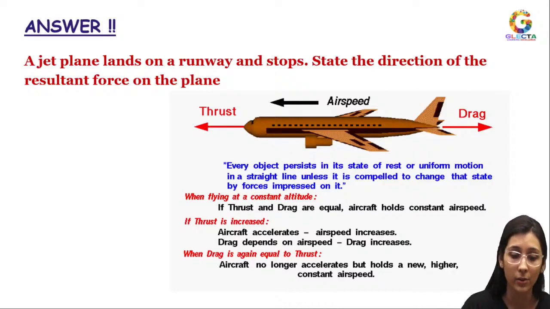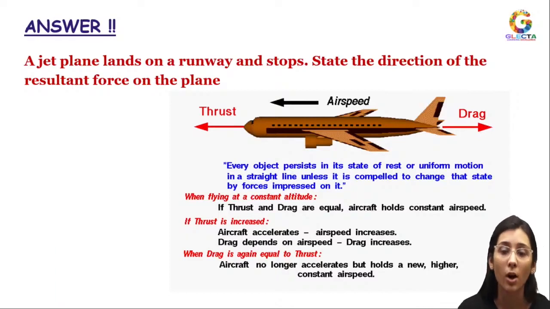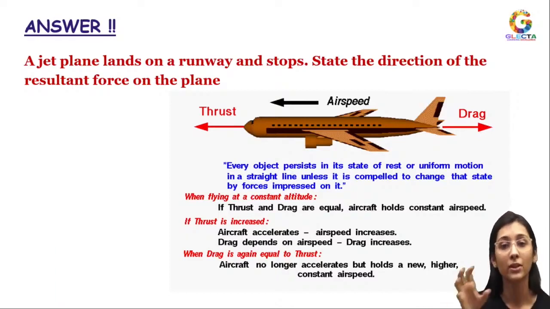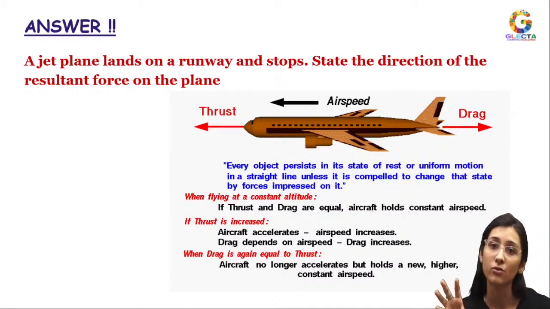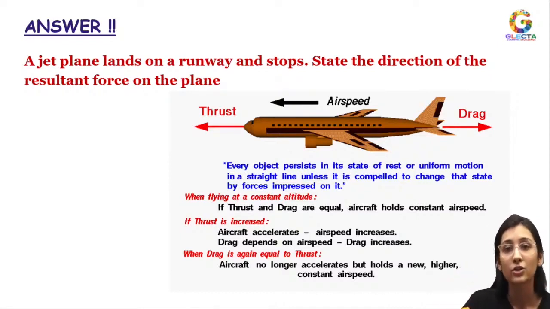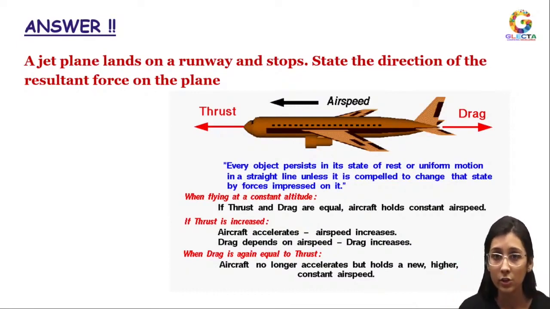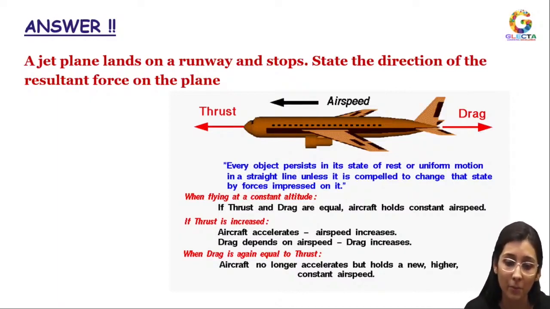So if I ask you to state the direction of the resultant force on the plane when it stopped, the resultant force will be the thrust minus the drag force, and the direction is definitely opposite. Why? Because it stopped. If it stopped, the drag force was greater than the thrust. So that is how it stopped.